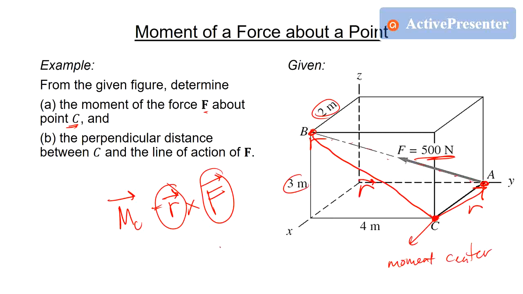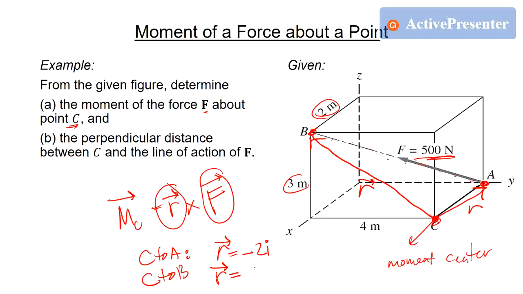If we use r from C to A, the position vector r is negative 2i. But if we use C to B, going from this point to this point, the position vector r, remember our previous topic on position vectors, I hope you learned from that so that we can directly apply it here.